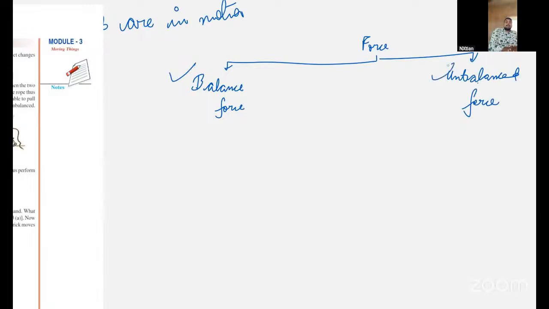Now, what do you mean by balanced? Before starting balanced force, I will ask you one question. There were four heavyweight gym persons, very healthy, with good muscles, biceps, triceps, and abs.